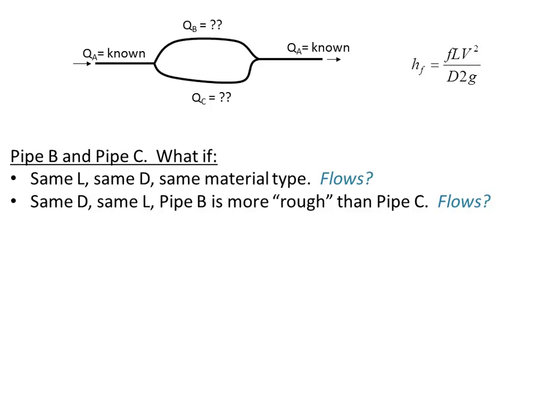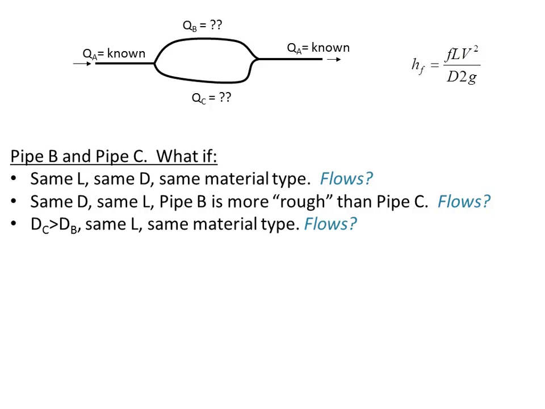So water goes the path of least resistance. More of it will go through pipe C. There will still be some that goes through pipe B. It's not that there will be no flow. Just making a slightly rougher pipe doesn't cut off all the flow. We'd have to put in some sort of a valve or a gate, a blockage of some sort, to have zero flow rate. But relatively speaking, there'd be more going through the smoother pipe.